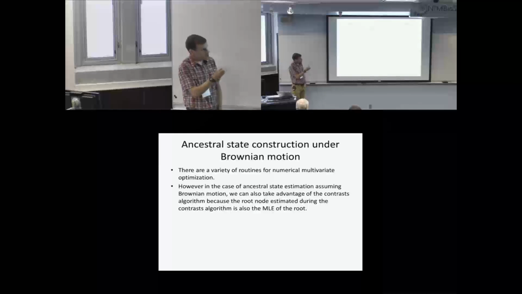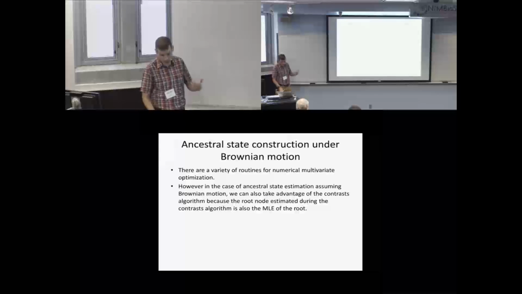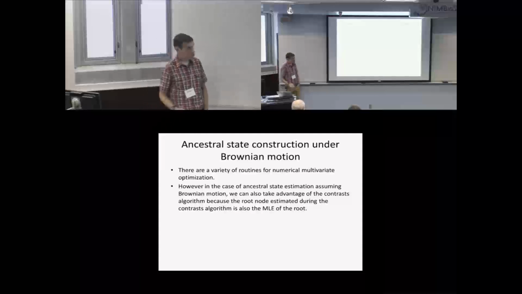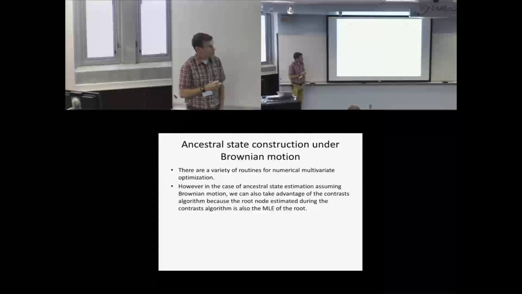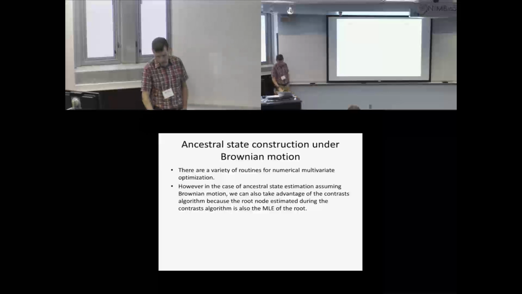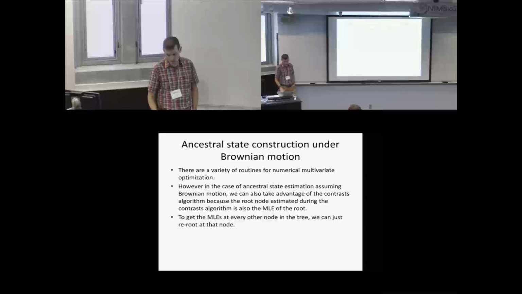And because this algorithm is very quick, we can just reroot the tree at all the internal nodes to get the maximum likelihood states for all the internal nodes. This is not the only way in which we can obtain these. We can also use a whole range of numerical multivariate optimization methods to do this, but this is one option.